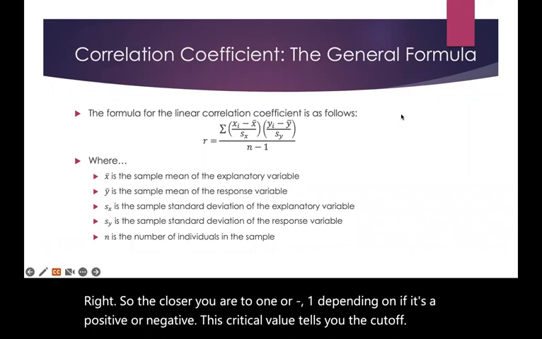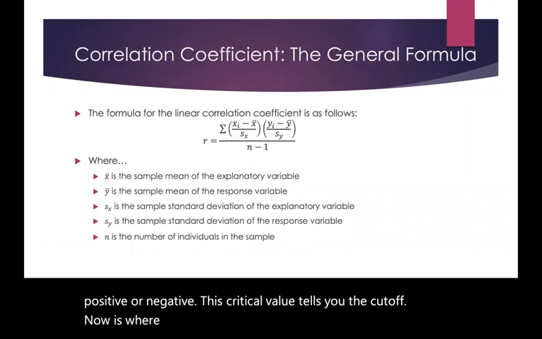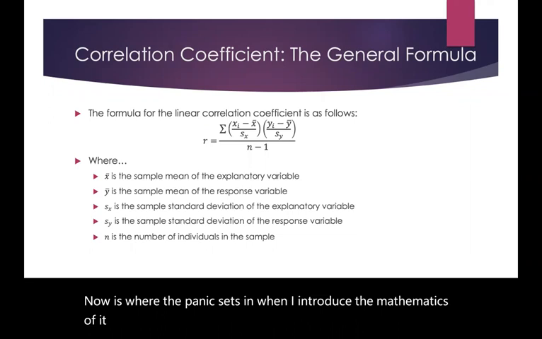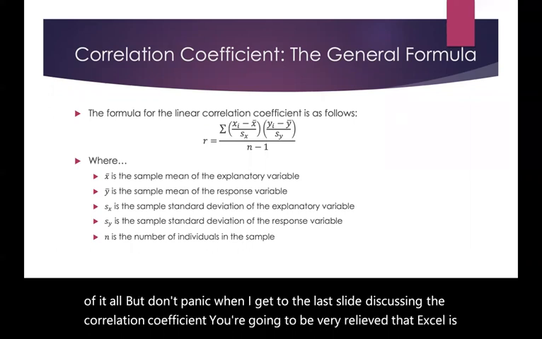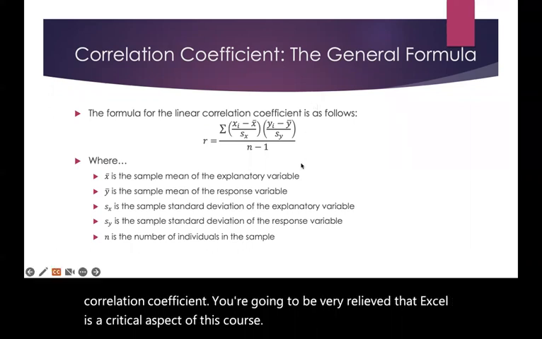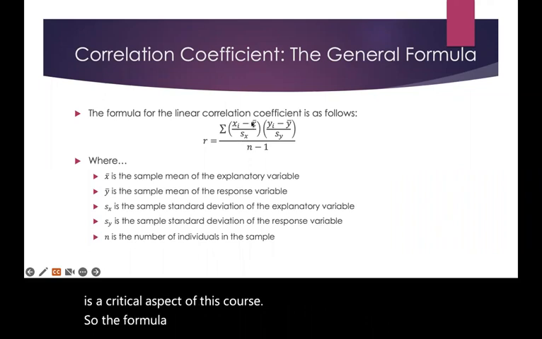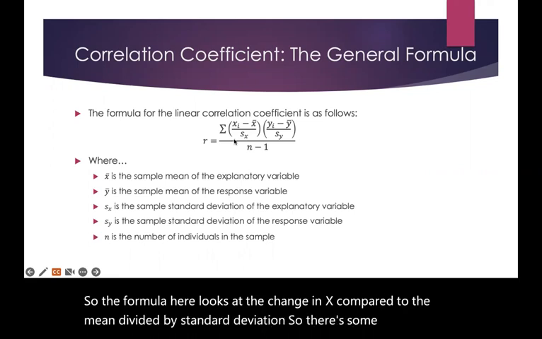So now is where the panic sets in when I introduce the mathematics of it all. But don't panic when I get to the last slide discussing the correlation coefficient. You're going to be very relieved that Excel is a critical aspect of this course. So the formula here looks at the change in X compared to the mean divided by a standard deviation. So there's some relationship going on there.